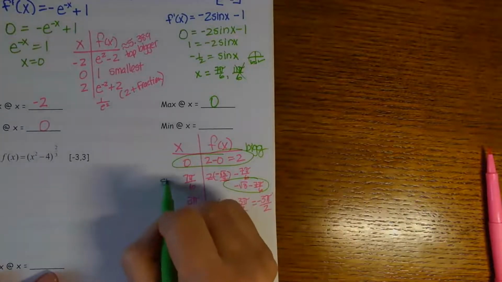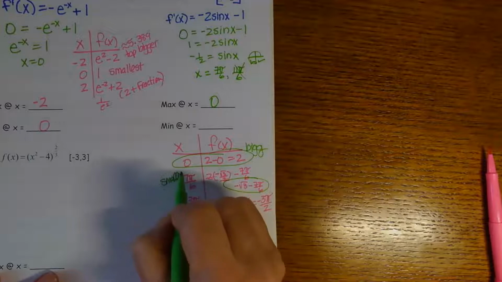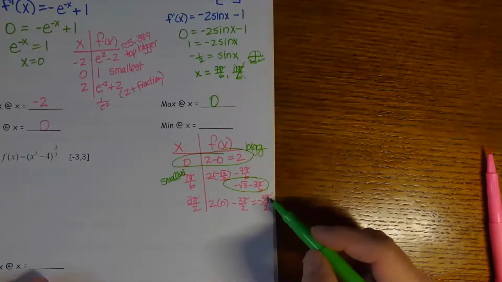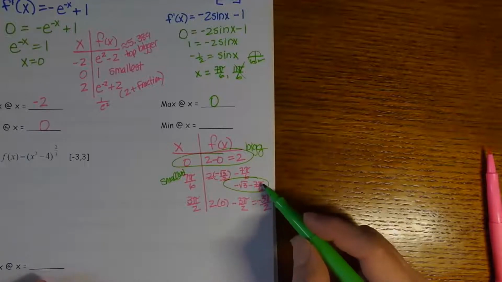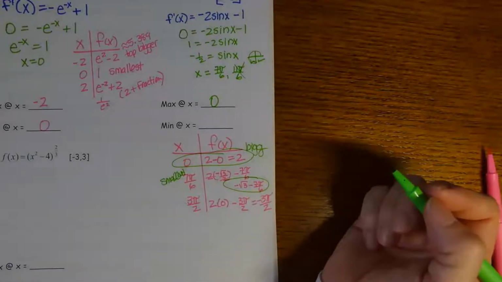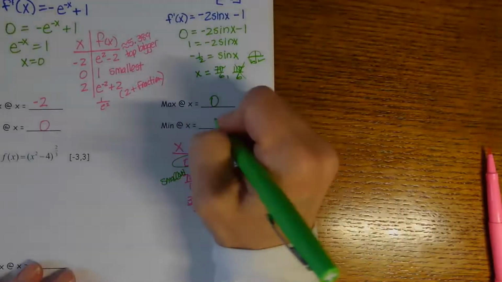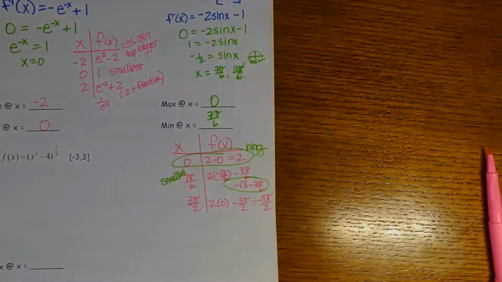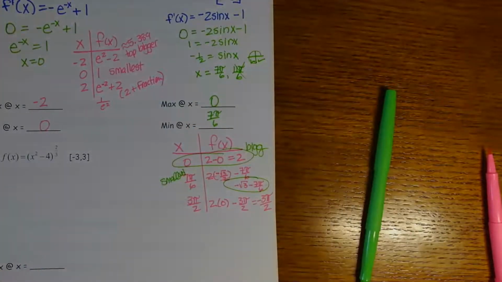Yes, smaller. Like I said, if you need to plug 3.14 into your calculator, you could think about that as negative 9/2. This is 21 over 6, and then you got this. So if you're iffy on that, feel free to plug that into your calculator and see which one's actually smaller.